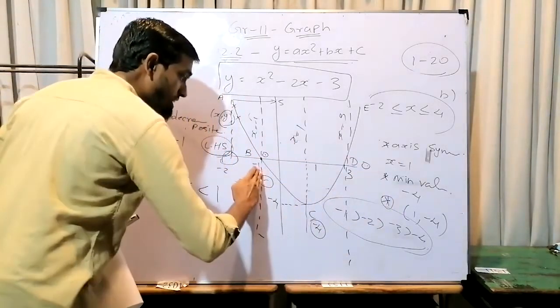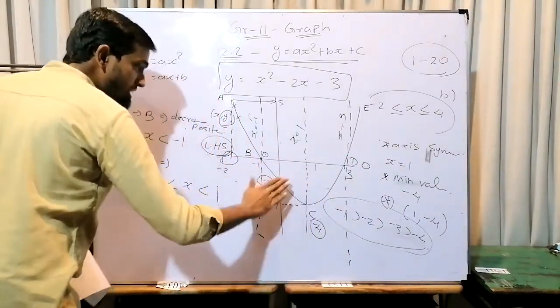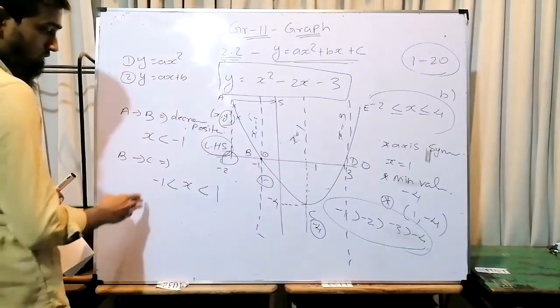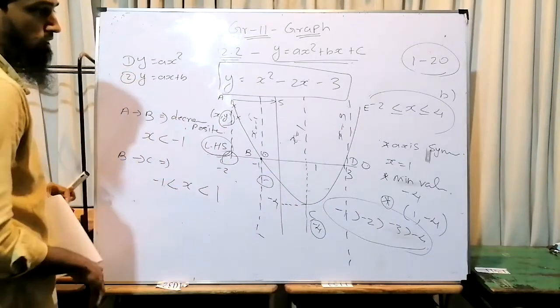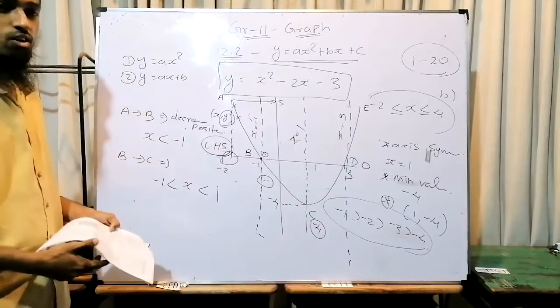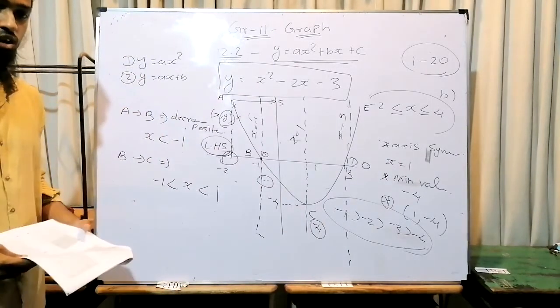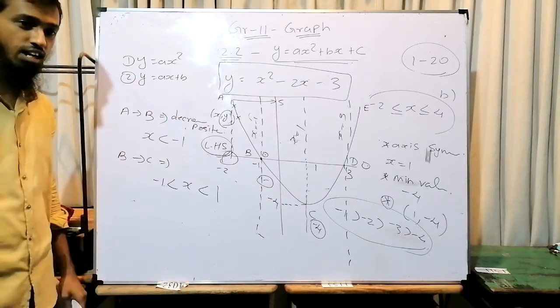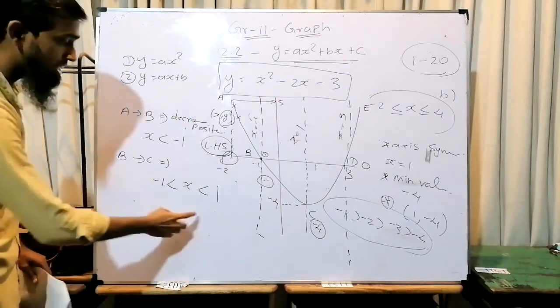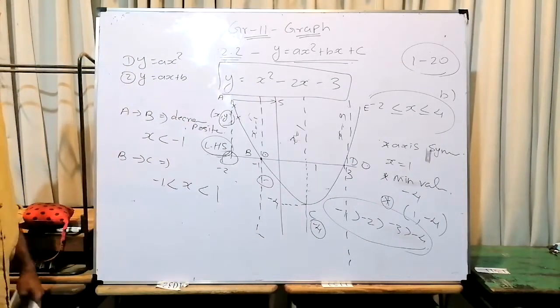Right hand side is greater than, left hand side is less than. So greater than minus 1, less than 1. Likewise, now you recall all the things studied in grade 10, we are taking the range of values.